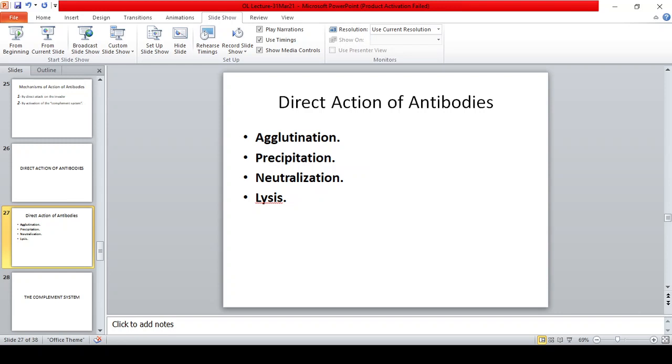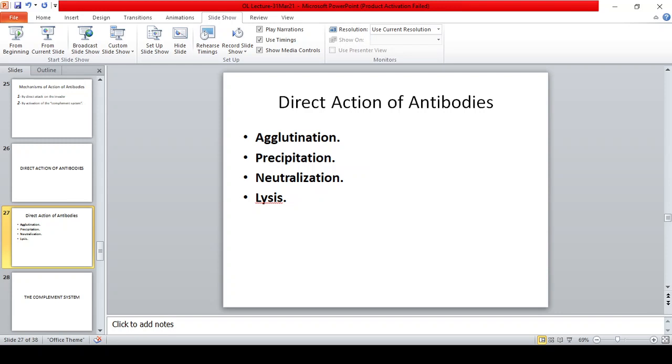Now this function, lysis, is basically mostly carried out by the complement system, but the antibodies can also directly cause lysis of the foreign agent. So these are 4 methods by which the antibodies can act directly.